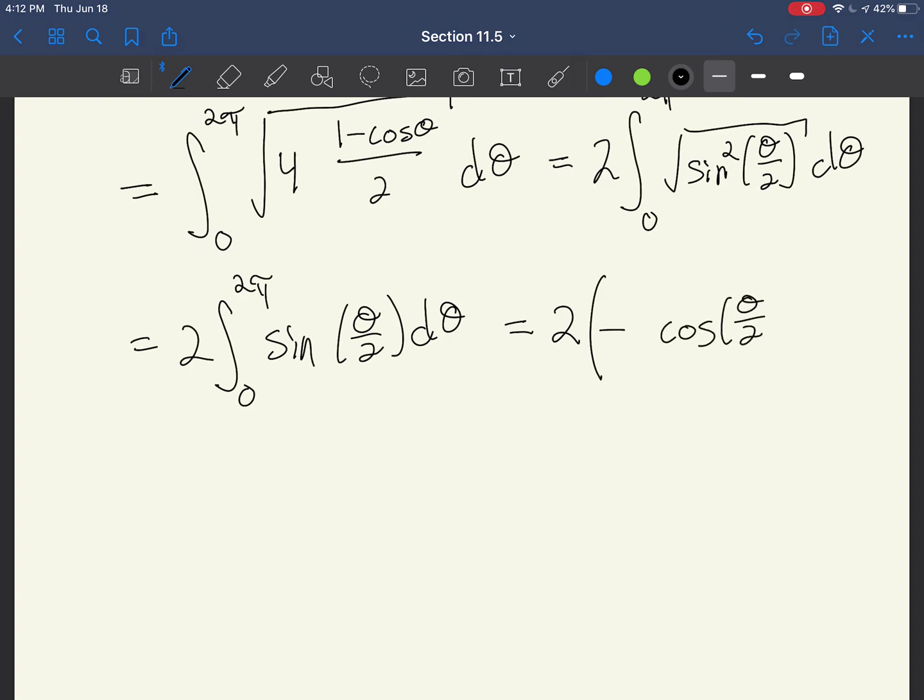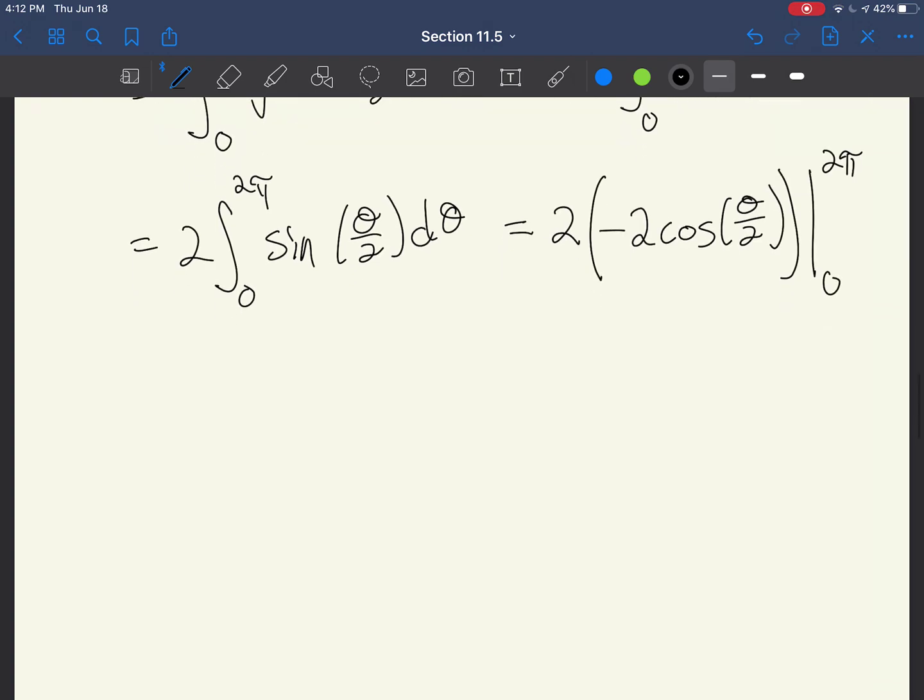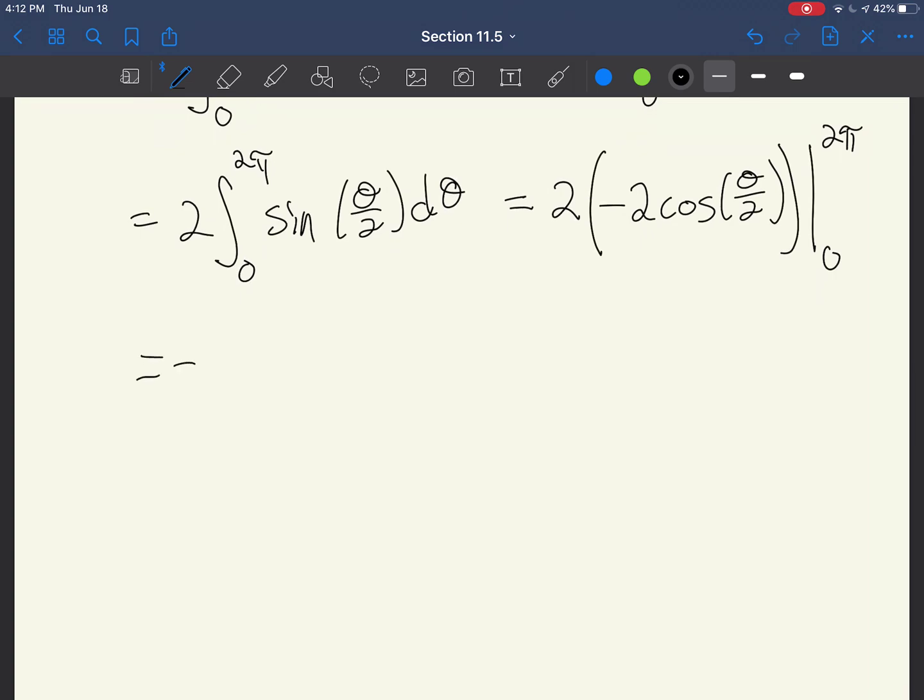So this is 2 times the integral from 0 to 2 pi of sine of theta over 2 d theta, which is, we have 2 from outside the integral. The integral of sine is negative cosine, so we're going to get a negative cosine of theta over 2. But when doing your substitution u equals theta over 2, the d theta is going to equal 2 du, which gives us another 2 in front of the cosine.